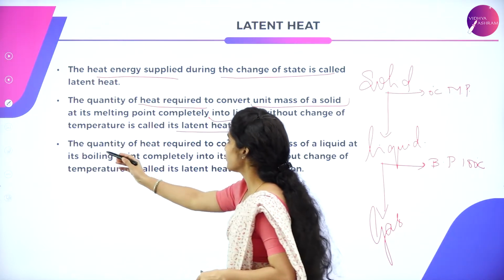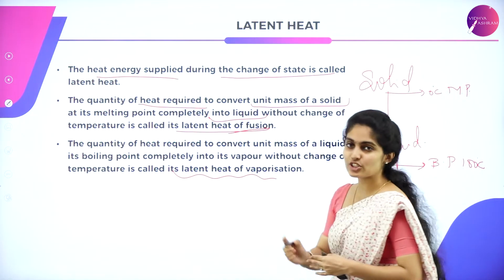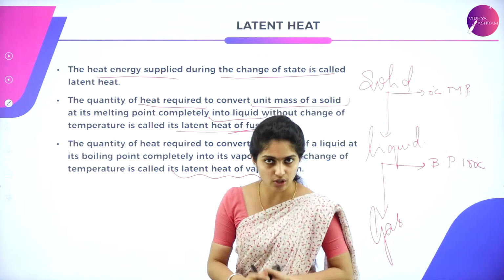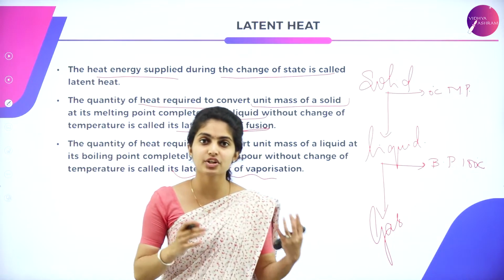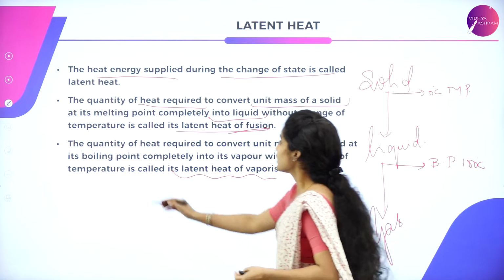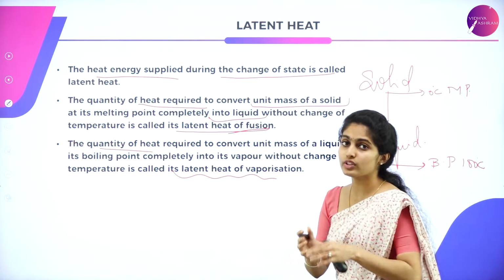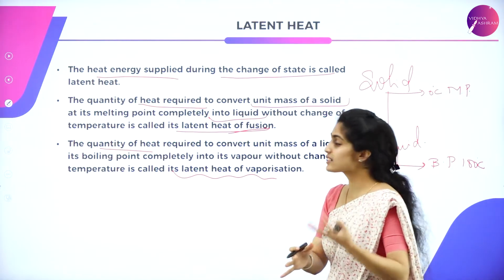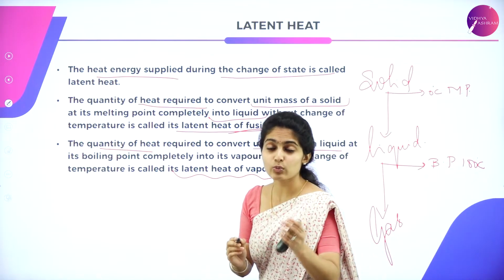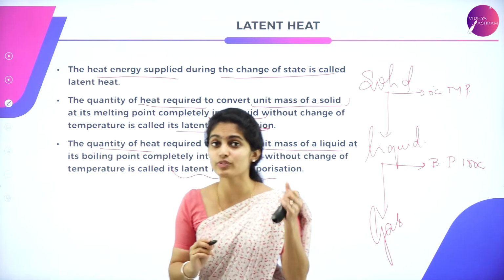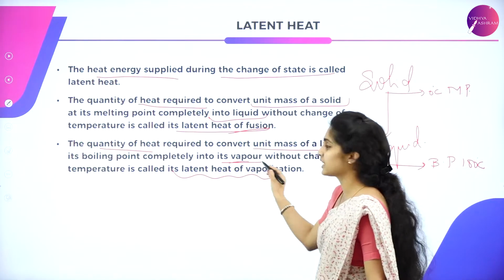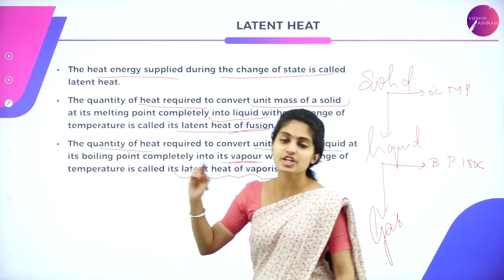Next, latent heat of vaporization. Fusion has to do with solids. Vaporization is liquid turning into the gaseous state. Again, heat is required to convert unit mass of a liquid at its boiling point completely into vapor state, that is gaseous state, without change in temperature.